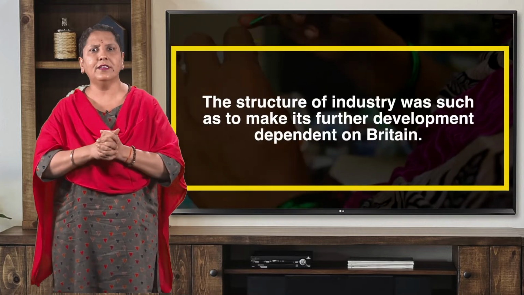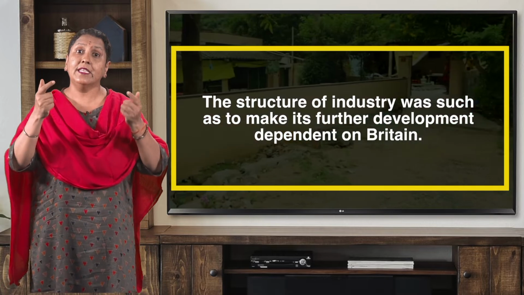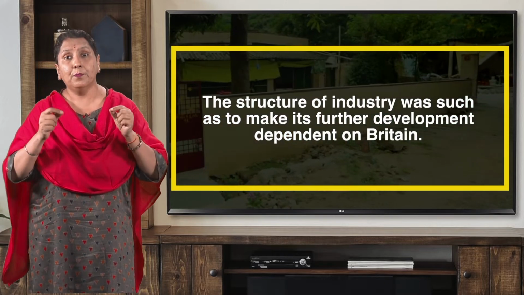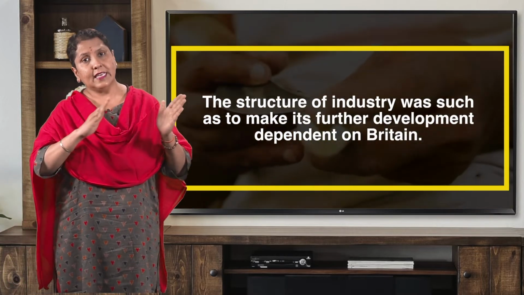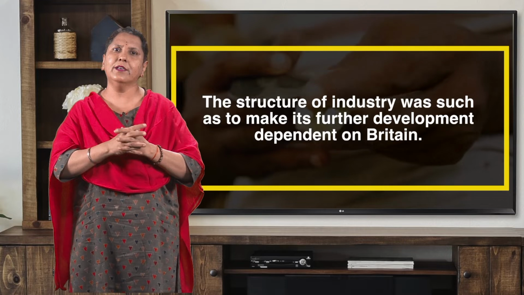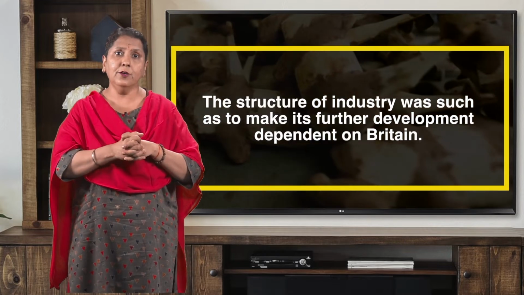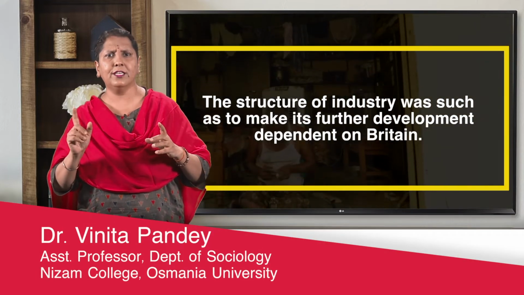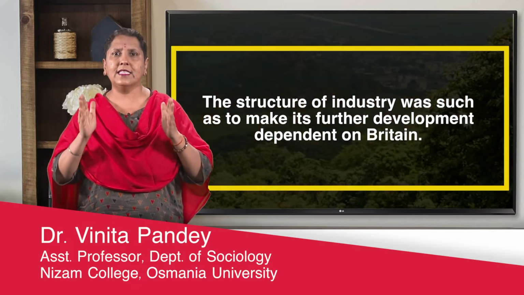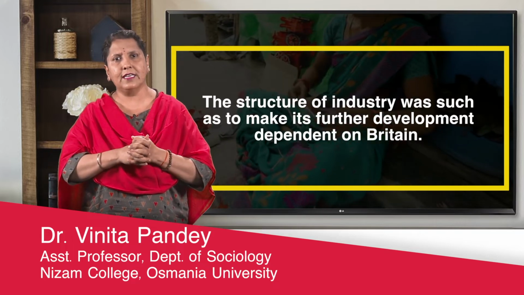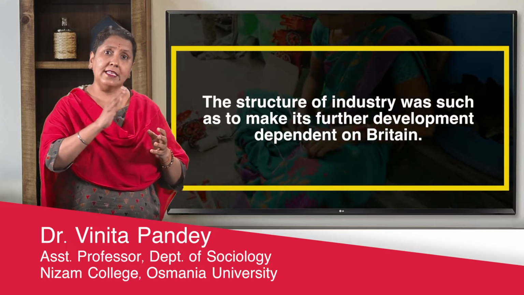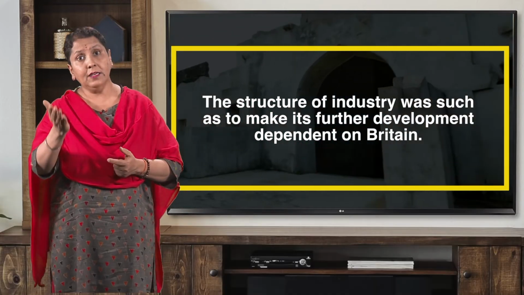Secondly, the structure of industry was such as to make its further development dependent on Britain. Since 1951, India entered a phase of industrial revolution, and it is no exaggeration to say that the country has made more progress in industrialization in the past more than 70 years than compared to pre-independence time.